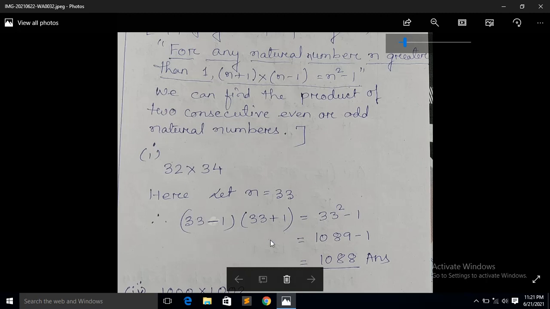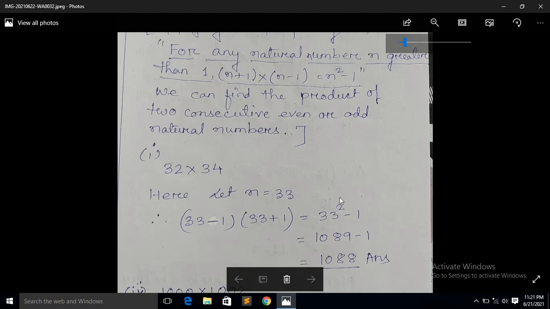That means if it is a product of two even numbers, then the middle number will be an odd number. Remember that. And if the two numbers are odd, the middle number will be an even number. So 33 square minus 1, it is 1089 minus 1, that is 1088.